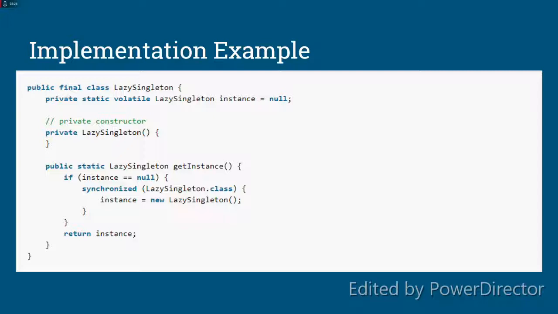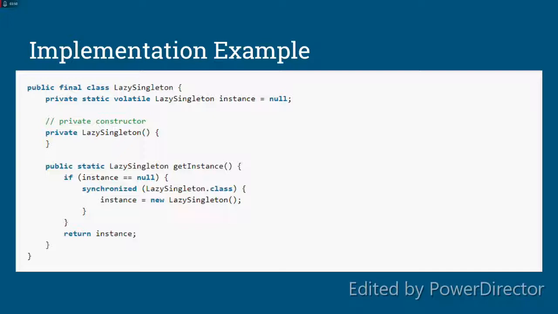That way it can only be accessed through the getInstance, and its constructor is also private, only being able to be accessed through the getInstance method. Now you can see the lazy singleton's getInstance method is public and static, therefore it's able to be accessed all throughout the program and changed all throughout the program. The same instance will be changed.